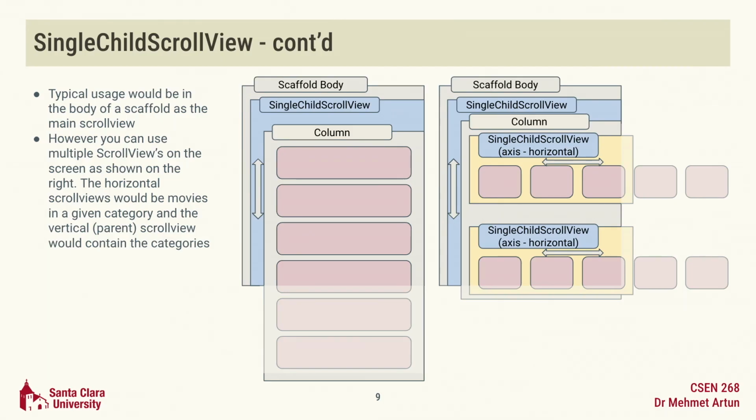Where do you see this? For example, the movies in Apple TV, and this would be dramas, this would be action movies, etc. So you have a vertical axis of scrolling, but each one also has horizontal scrolling. So all of that is possible, but here you would call this scroll view the main, the primary one. Questions?